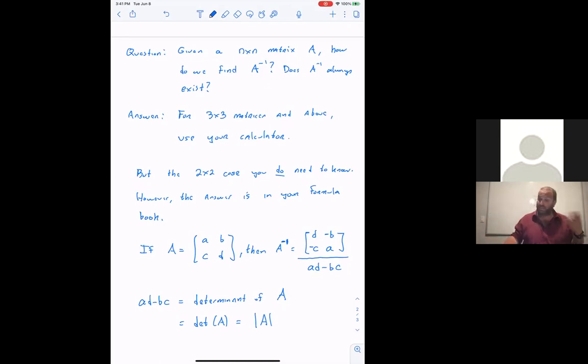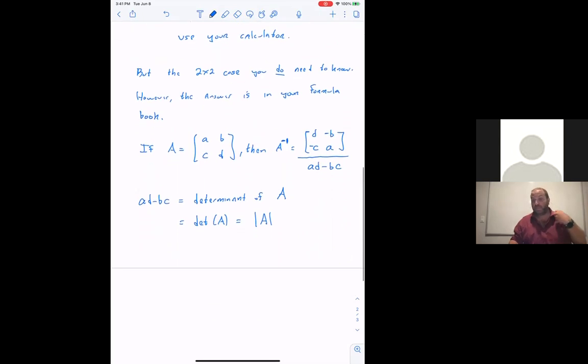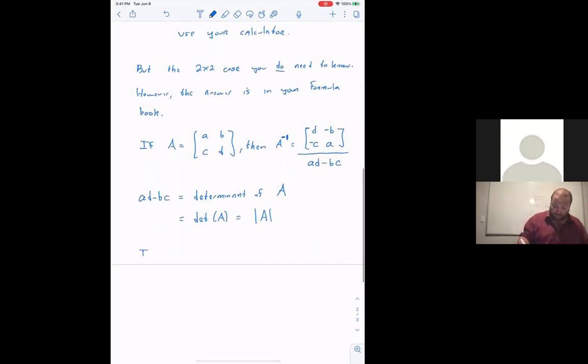It is defined, it is important, but you don't need to know it. Notice, by the way, that this also gives us the answer for when A inverse is not defined. Because we're dividing by a number, and there's one number that we can never divide by: 0. So if the determinant of A is equal to 0, then A inverse does not exist.